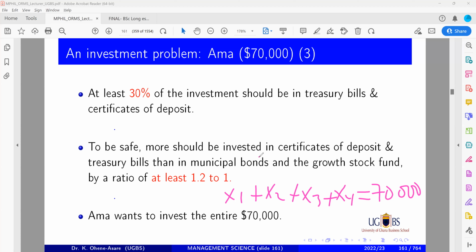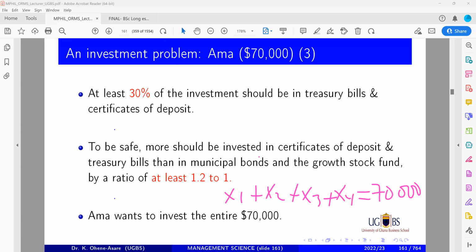So if you had put less than or equal to, what would that mean? Less than or equal to would mean the totality of the deposit can be less than 70,000. But at this stage it means that it cannot at all be less than 70,000.